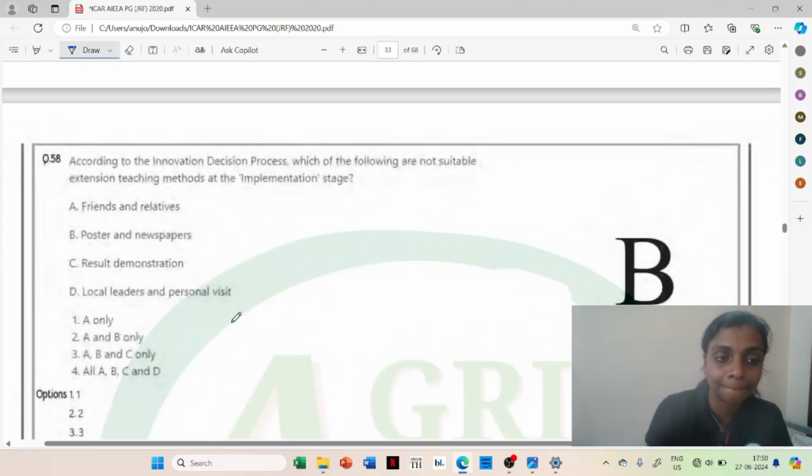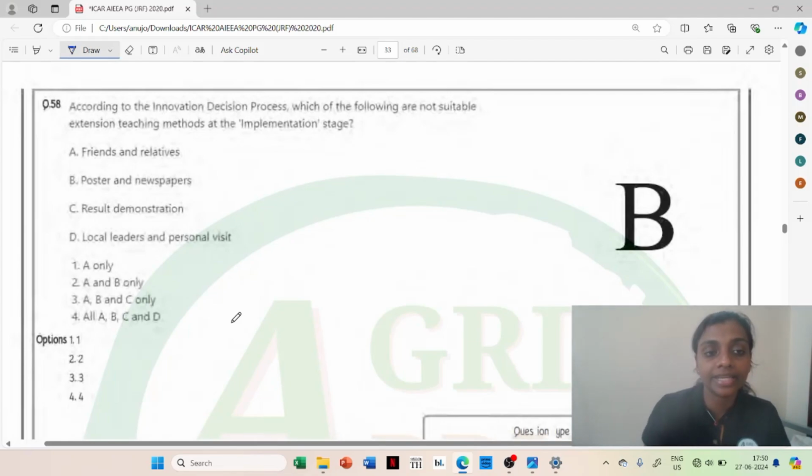Next question. According to the innovation decision process, which of the following are not suitable extension teaching methods at the implementation stage? The stages are knowledge, persuasion, decision, implementation and confirmation, and they are asking which will not come in the implementation stage.